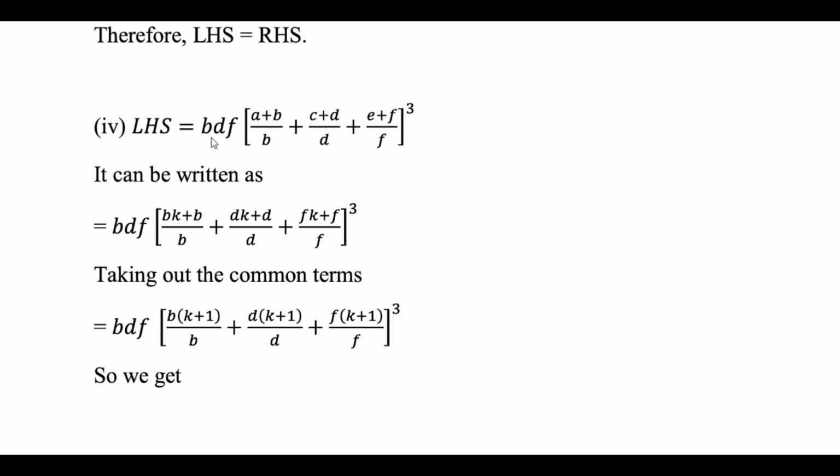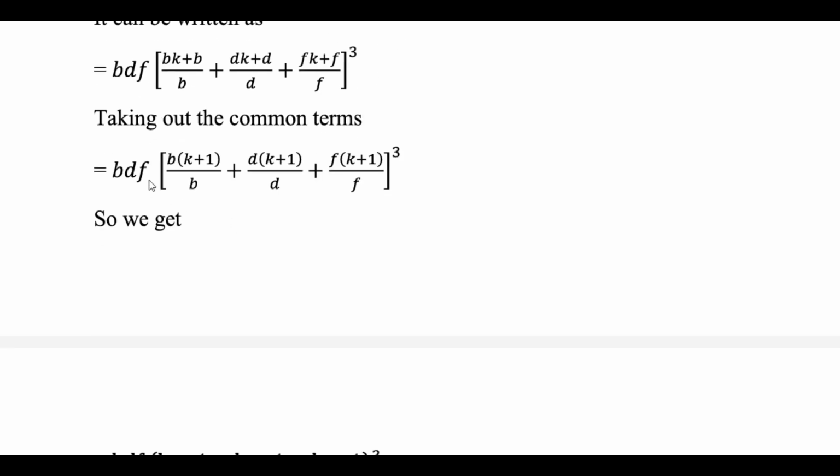Left hand side: bdf into (a/b + c/d + e/f)³. After that, b, d and f will be outside. Put the values of a, c and e in the form of bk, dk, fk. After that, bdf will be common on the outer side.